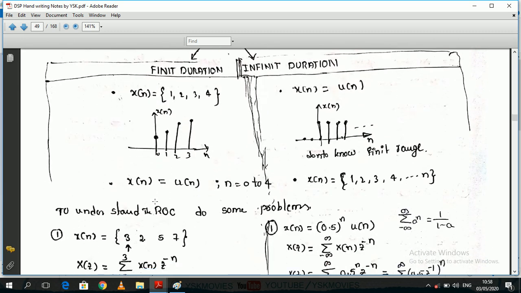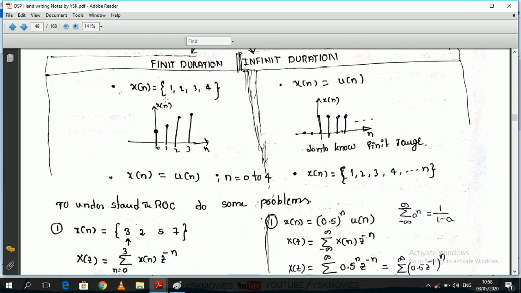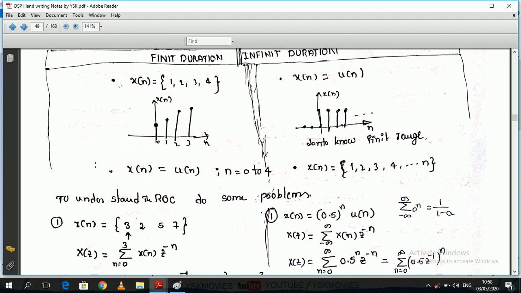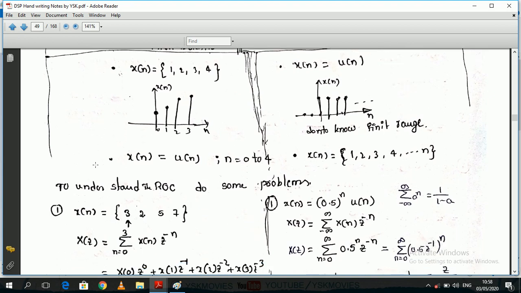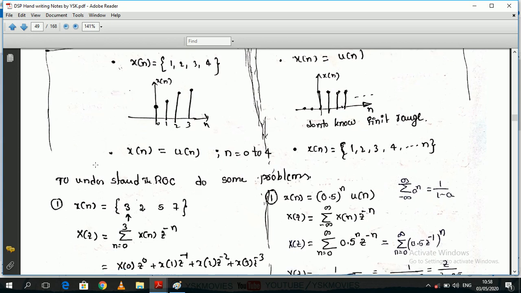Regarding ROC, a few things. For example, do another problem. In the time domain, x of n equals u of n, with values 1, 2, 3, 4. Another point is that the value of the z transform should be finite, not infinite. So x of n, n equals 0 to 4.